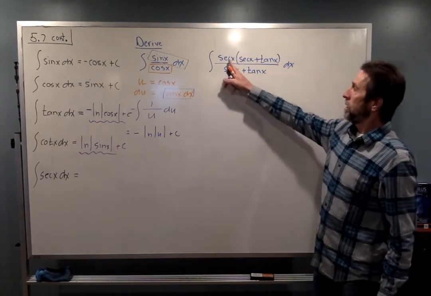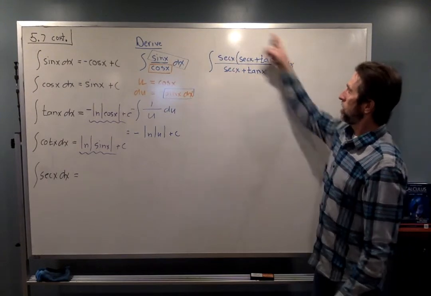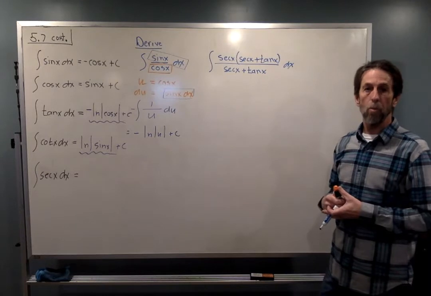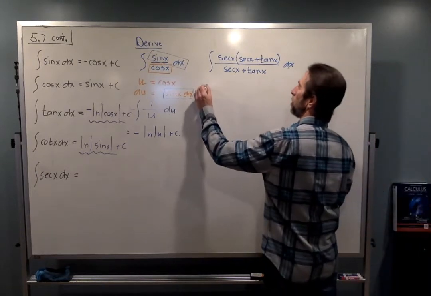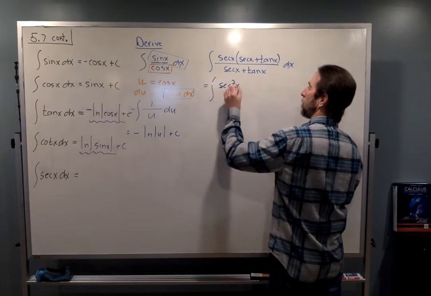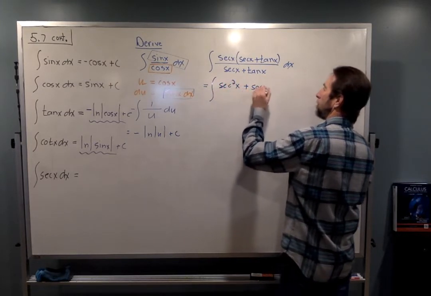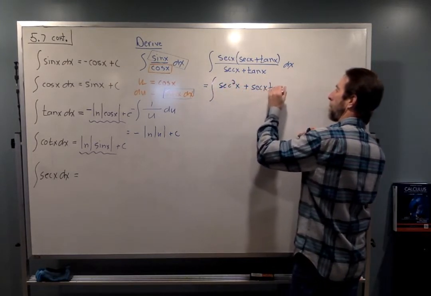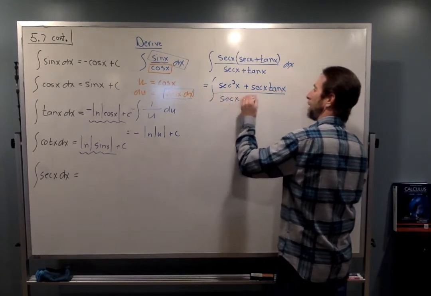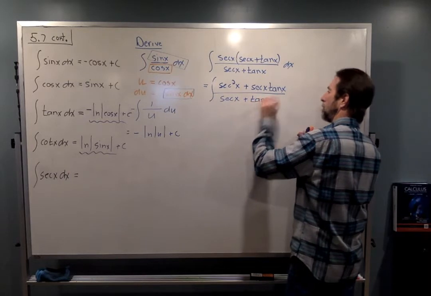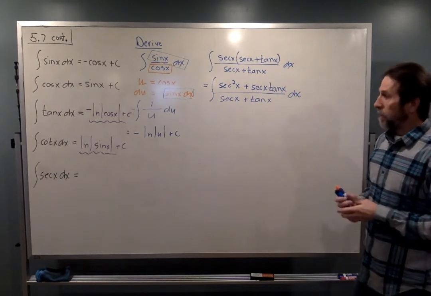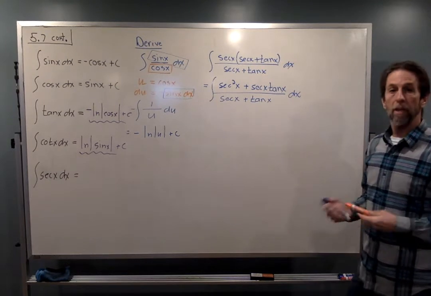So obviously, the integral of secant and the integral of this whole mess is the same thing because secant plus tangent over secant plus tangent is just 1. If we go a little bit further, we can make this secant squared plus secant tangent over secant plus tangent. Now, let's see how logarithms fit into this.